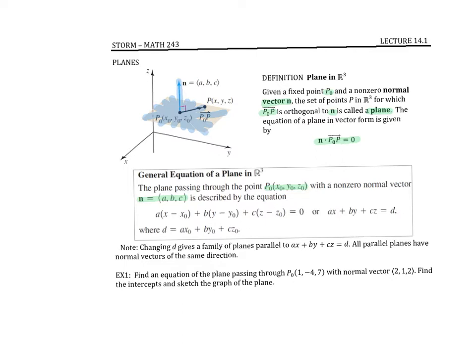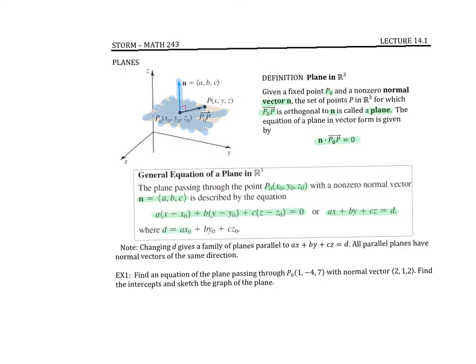And if you have those two things, then the equation of our plane is going to be a times x minus x naught plus b times y minus y naught plus c times z minus z naught equal to 0. Now if we were to get rid of our parentheses and combine like terms, we can write our plane in a more efficient way as ax plus by plus cz equal to d.